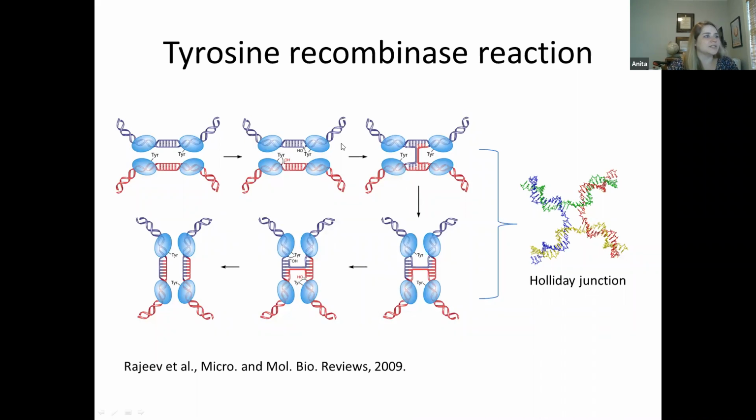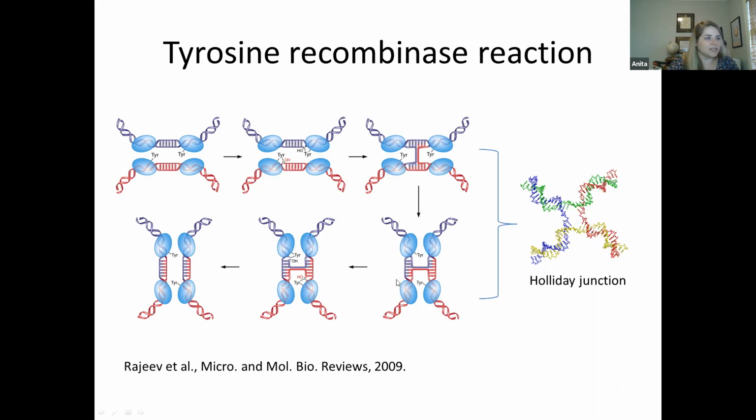Because of this opposite orientation, where the tyrosine creates a nick in the DNA backbone, creating a free hydroxyl group, the strands then cross over. There's a long side here and a short side here, a short side here, a long side here. They cross over to create this structure known as a Holliday junction. In this case it's sort of annoying because it's 2 purple strands and 2 red strands, but here you can actually see in 4 different colors the complementary strands for each side, how that Holliday junction looks.